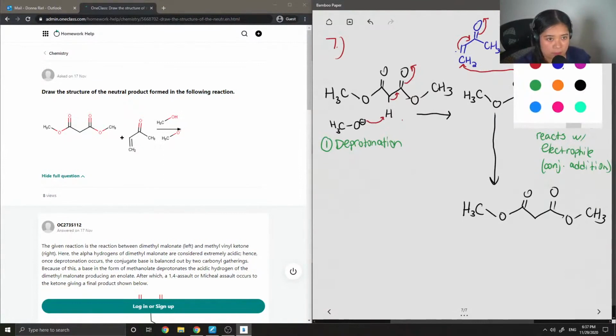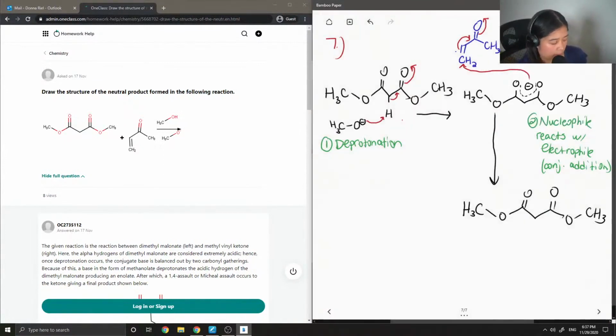And I'll also show the new bond that was formed right here. So now we have a negatively charged oxygen and a new double bond formed here.